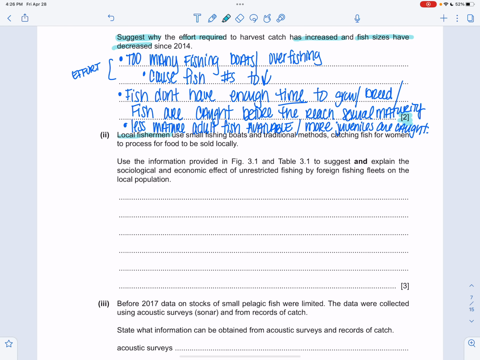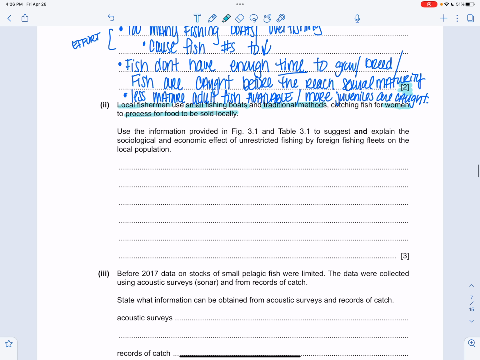Local fishermen use small fishing boats in traditional methods, something we're definitely going to have to mention again. They catch fish for women to process for food to be sold locally. So imagine this is going to be talking about some kind of economic effects.